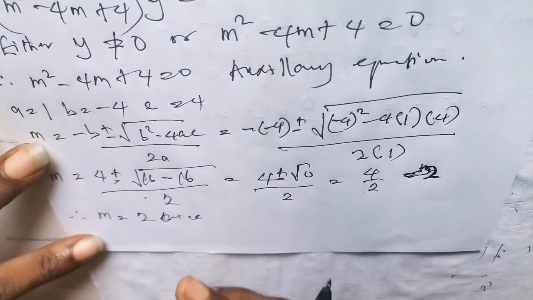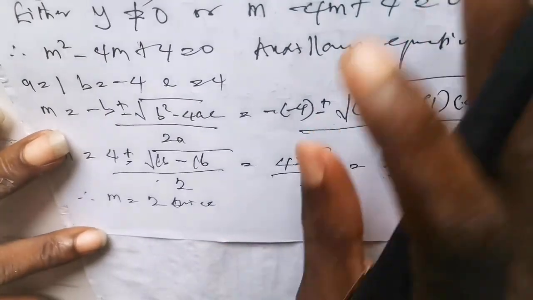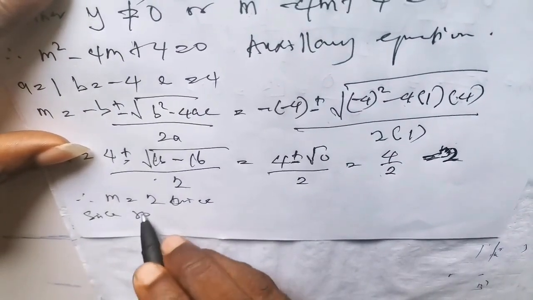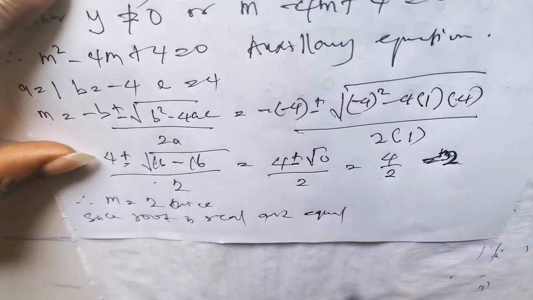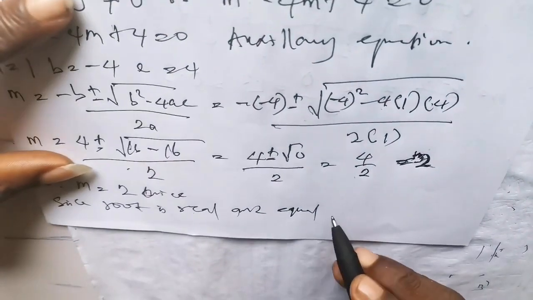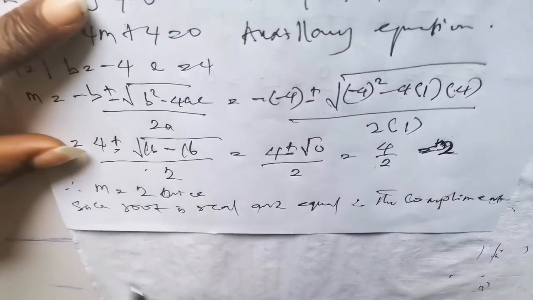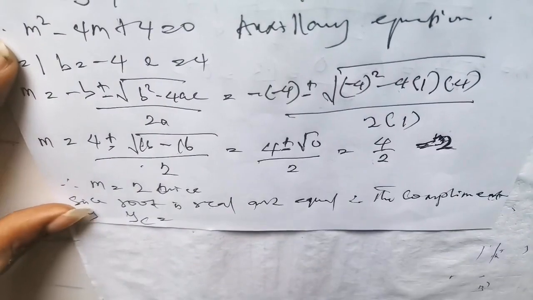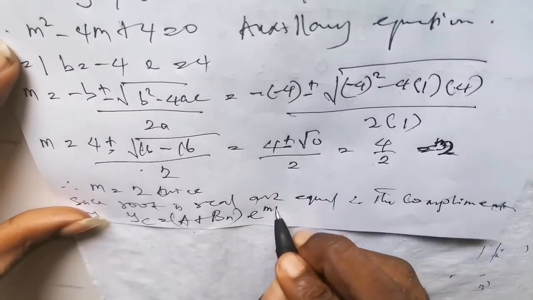All right. So this simply means when a root occurs twice, since the roots are real and equal, double times as twice, the complementary solution of the homogeneous part, y_c, becomes, since the root appears twice and is equal, A plus Bx multiplied by exponential mx.